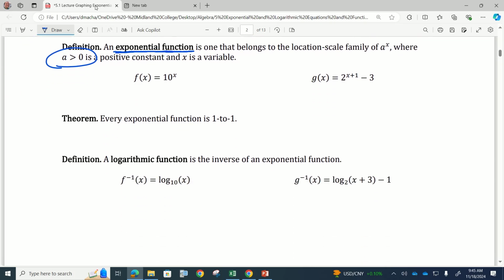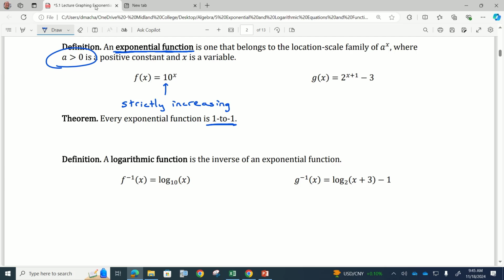So when we get that, every exponential function becomes 1-to-1. If you've got 10 raised to the power x, this is strictly increasing. And it's continuous. And if it's strictly increasing and it's continuous, it's monotone, it's a 1-to-1 function. Every input maps to only one output.